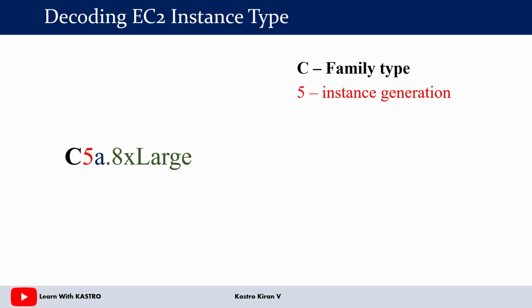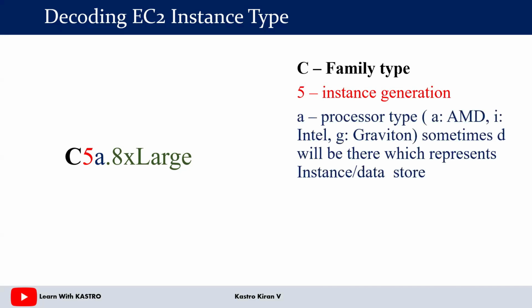And the next one, A, represents the processor type. Usually we have two types of processor. The first one is the AMD processor, and the second one is the Intel processor. Apart from these two, we also have another type of processor, known as the Graviton processor. So when you see A, it represents an AMD processor.